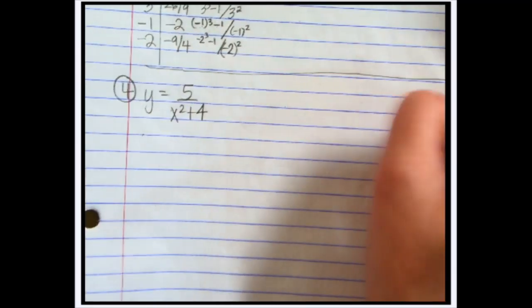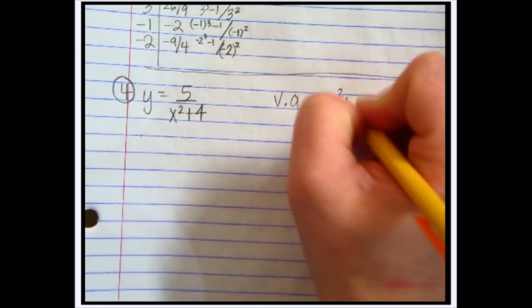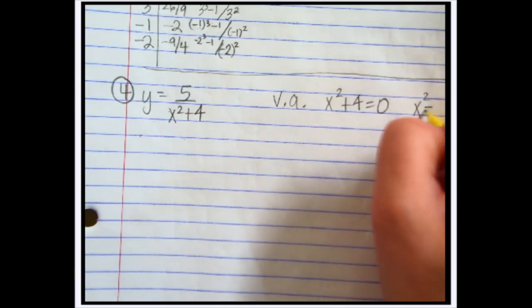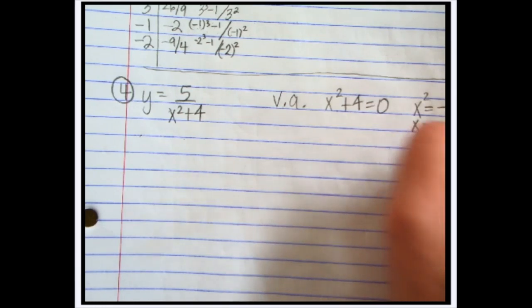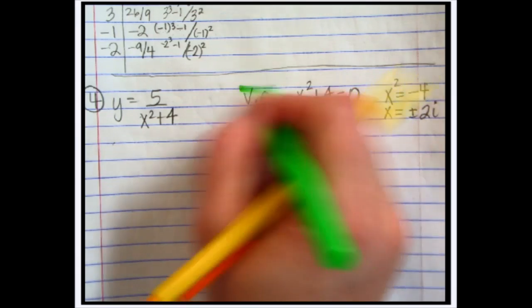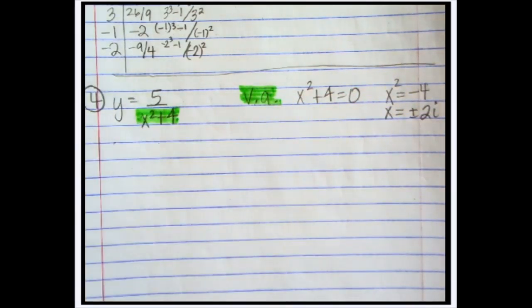Okay. So if we go to our vertical asymptote, we set the bottom equal to 0, and we find out that we don't have any because when we take the square root of a negative, you get an i, and i's aren't going to show up on our real graph. Okay, so this is one of those rational functions that does not have a vertical asymptote.